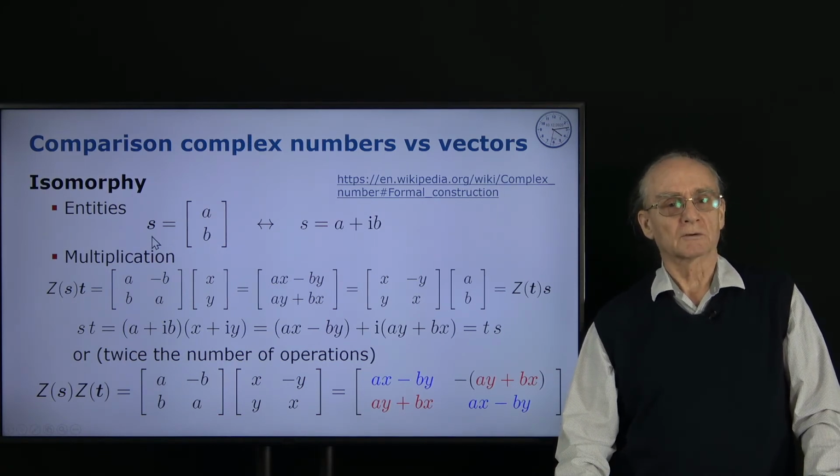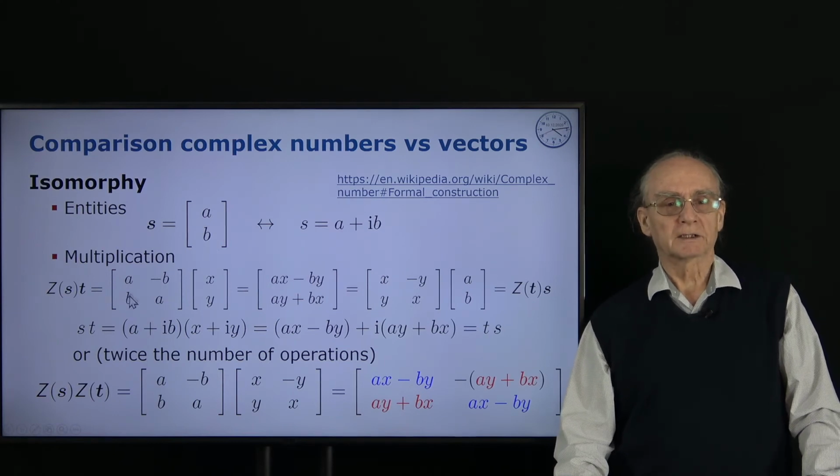So this is actually our scaled rotation, which we could, if we would work with real numbers, put into this vector. Now, if we do the multiplication, s times t, we have a plus i b multiplied with x plus i y. And you remember it's a x minus b y, this is the real part, and a y plus b x, which is this part, the imaginary part.